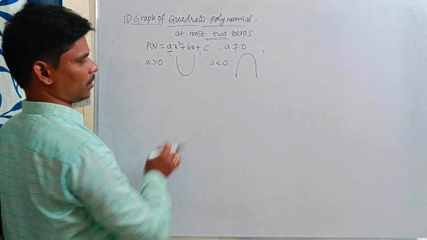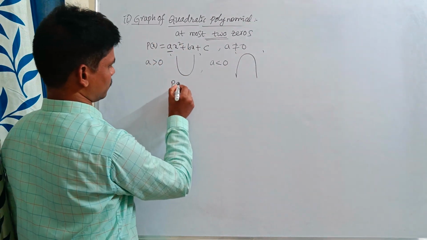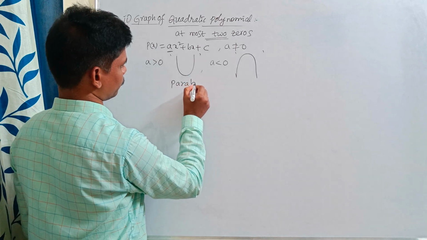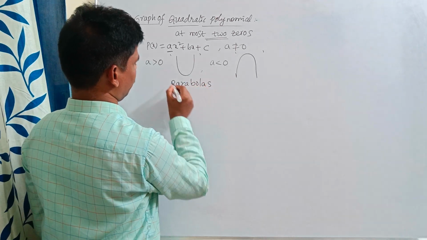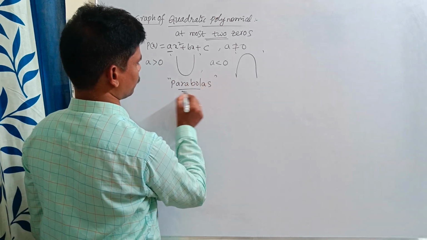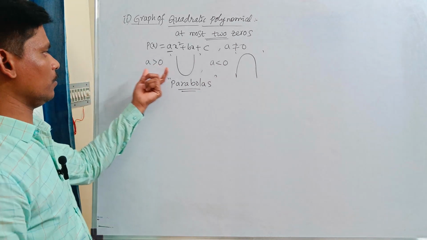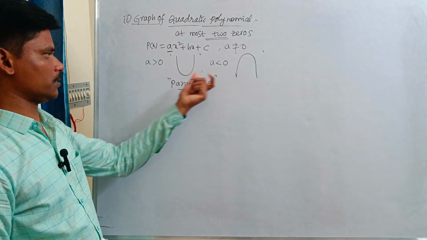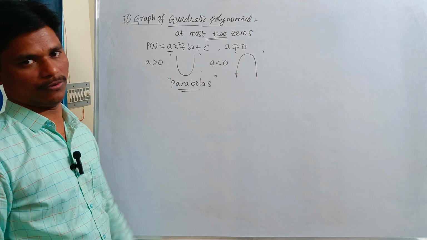These two shapes are called parabolas. So a greater than 0 opens upwards, a less than 0 opens downwards.